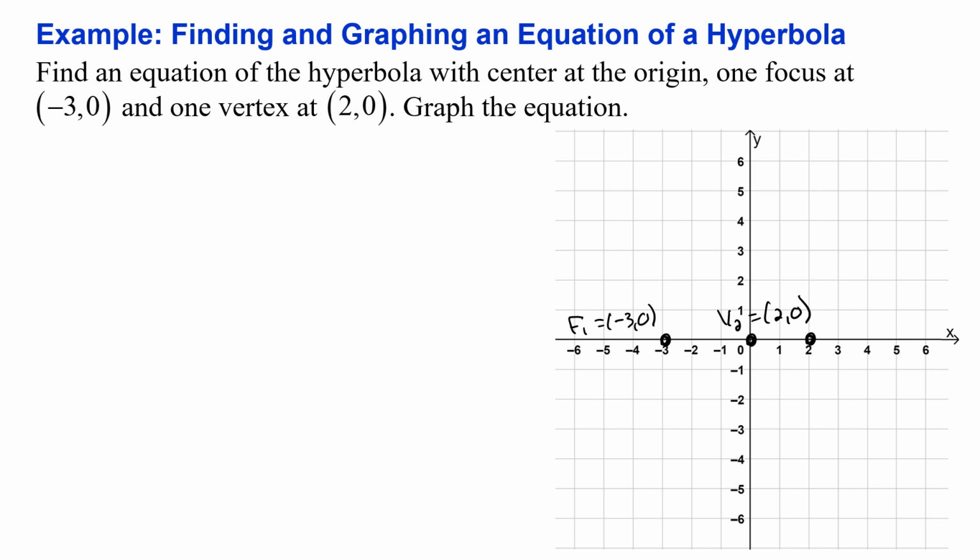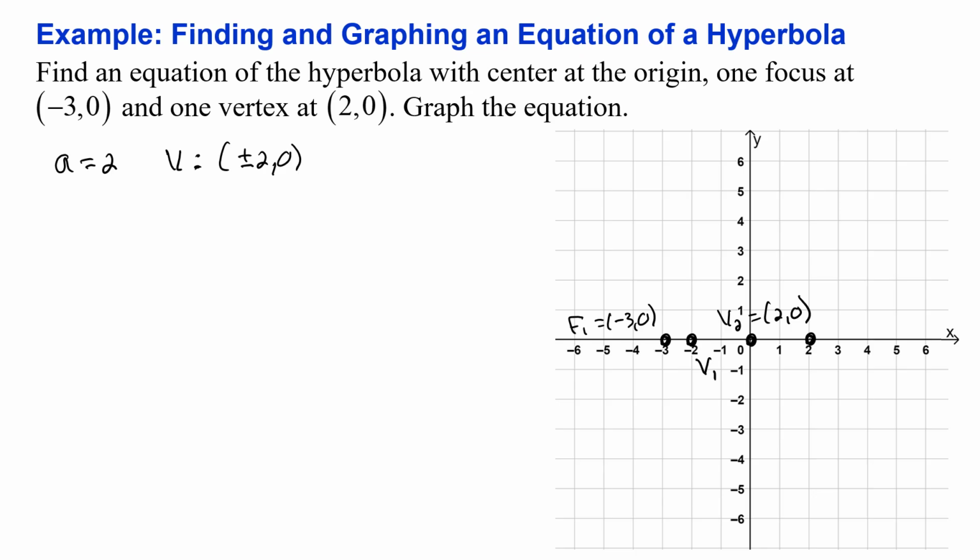Now, since the vertices are a distance of a from the center, then we know that a is equal to 2. Therefore, we could plot the second vertex at the point negative 2 comma 0 and label this as v sub 1. So in summary, we know that the vertices lie at the points plus or minus 2 comma 0.